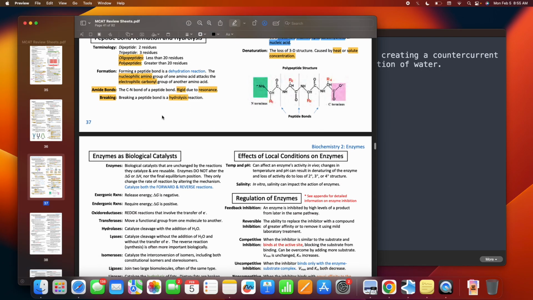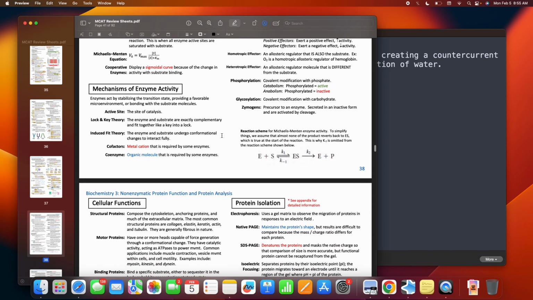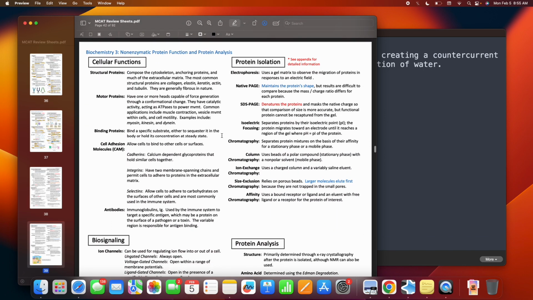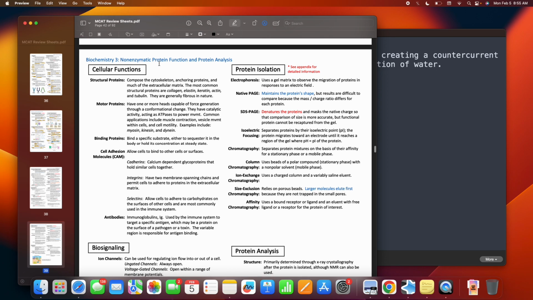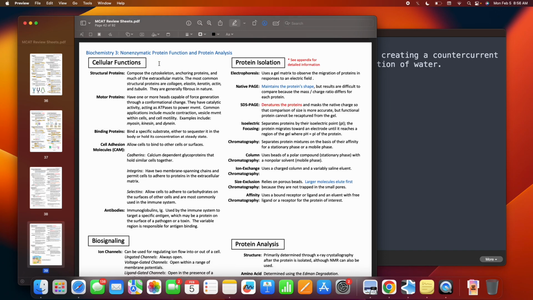And let's go for the third chapter. For the third chapter, we are going to cover the non-enzymatic functions of the proteins. Just like chapter 2 was about enzymes, now we're going to talk about what's happening with non-enzymatic proteins.